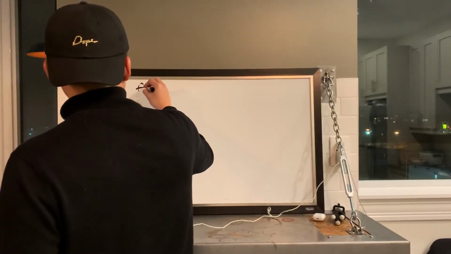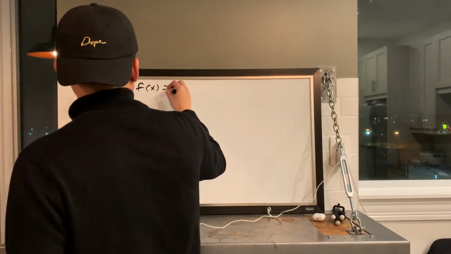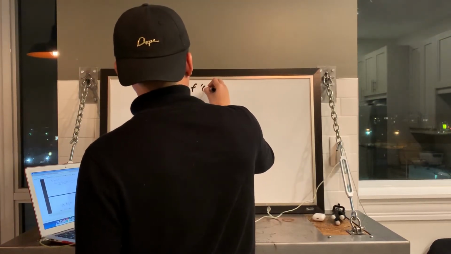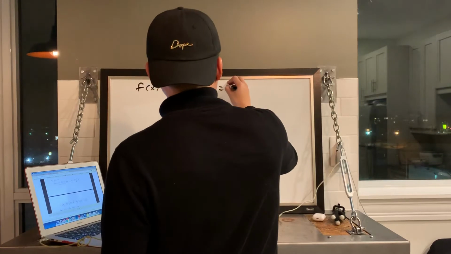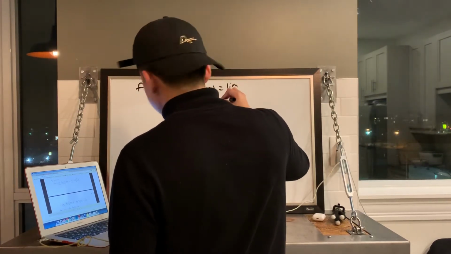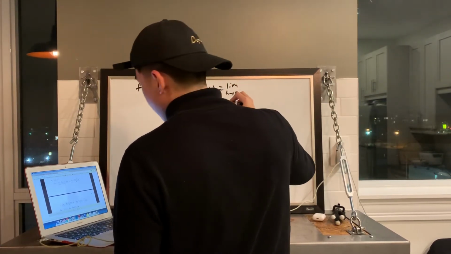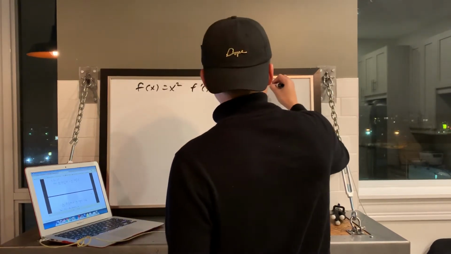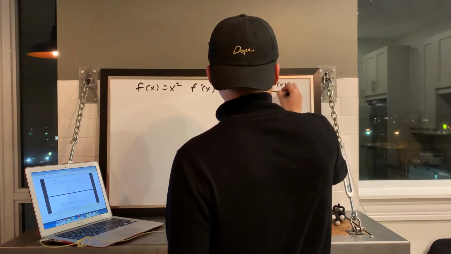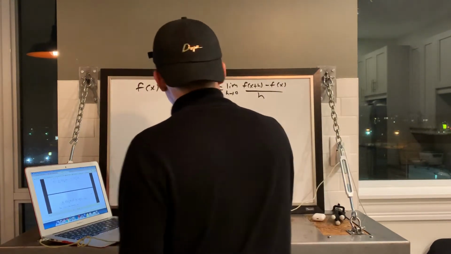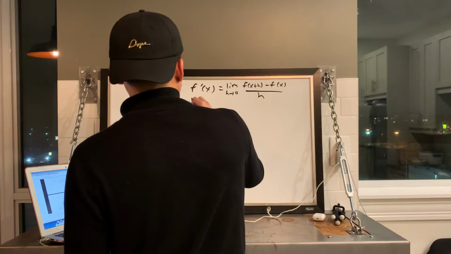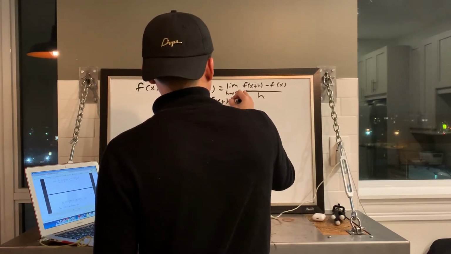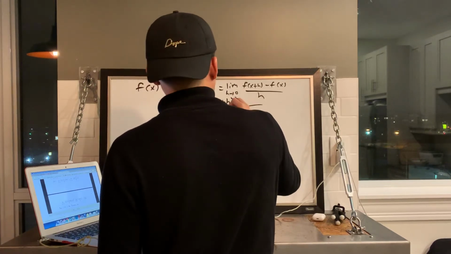So f of x equals x squared. So f prime of x equals limit as h approaches 0 of f of x plus h minus f of x all over h. Okay? So limit as h approaches 0 of x plus h squared minus x squared, all over h.